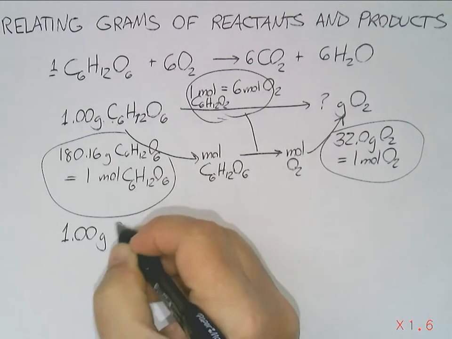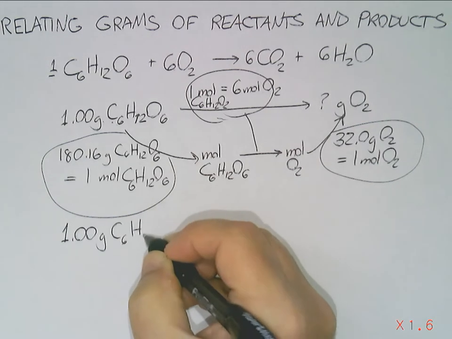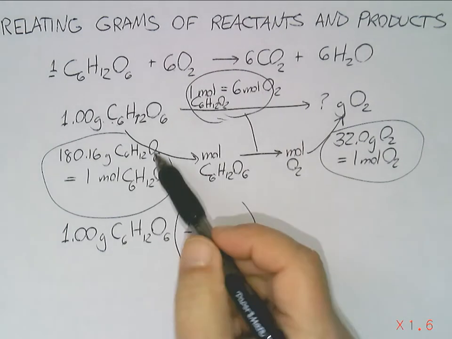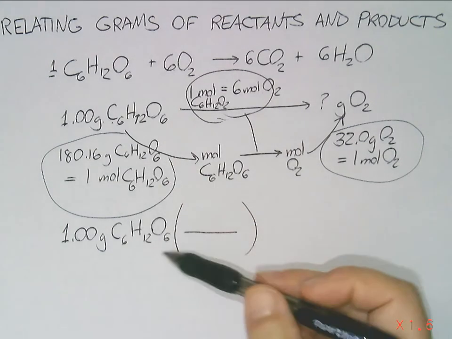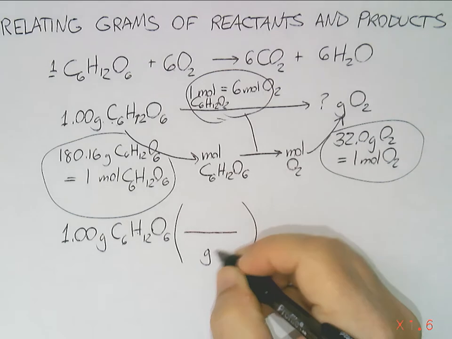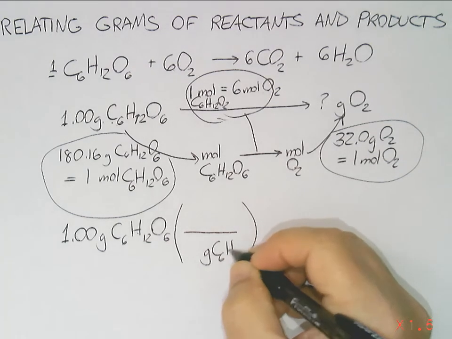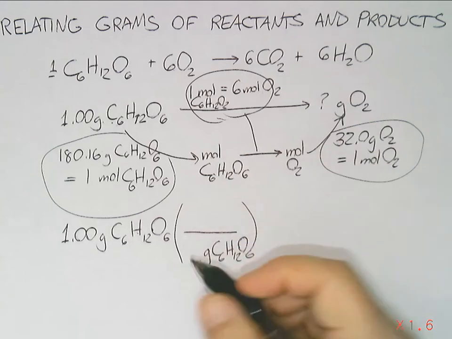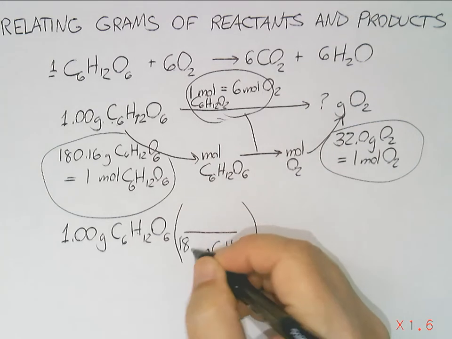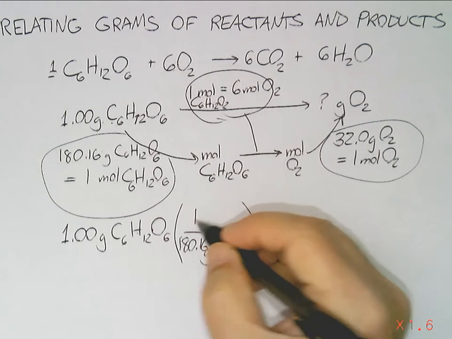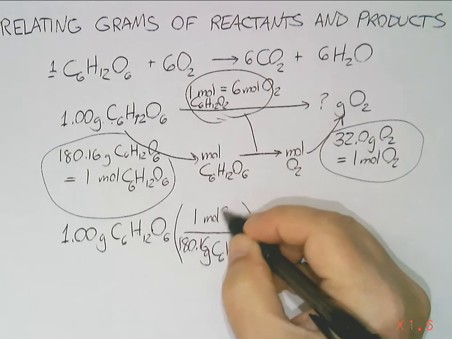I'm going to write down my starting point again in my roadmap. Now I'm going to turn each of these links into a conversion factor. I need to have grams of C6H12O6 on the bottom. And here I have 180.16 sitting next to that, and on the other side I have 1 mole.